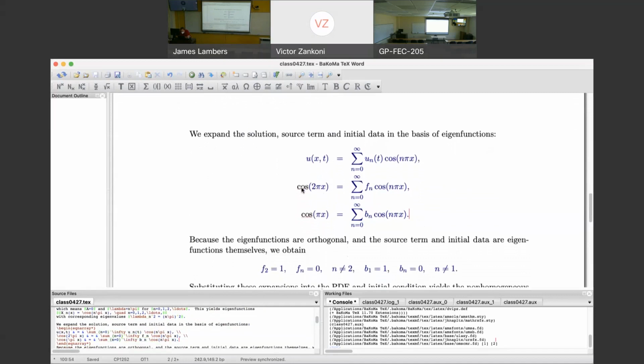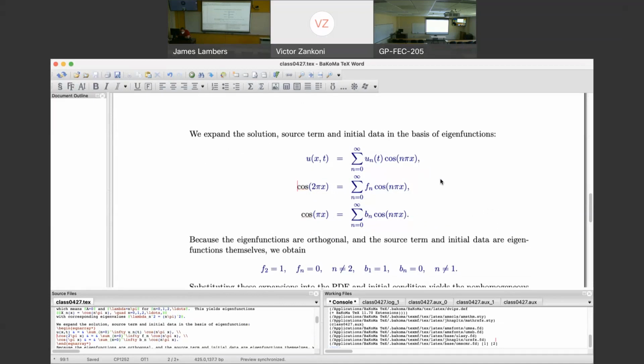And in this case, since the source term and initial data are the same form as these series, we can get the coefficients from here. So we have F2 is equal to 1, and B1 is equal to 1. All other F's, all other B's are 0.